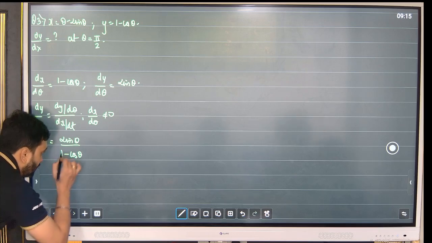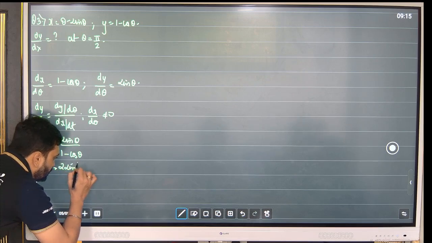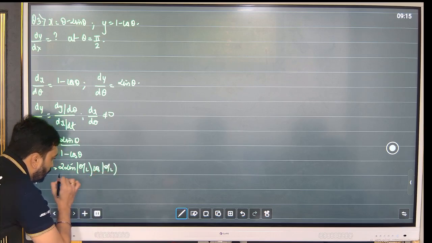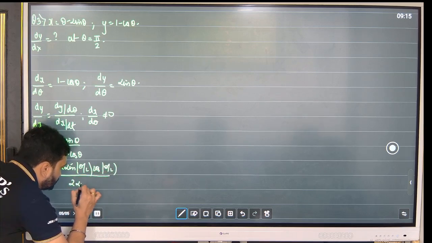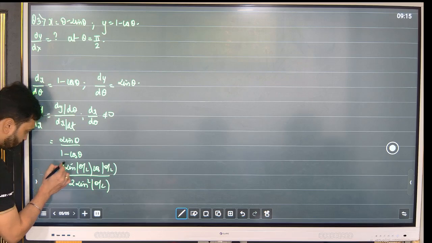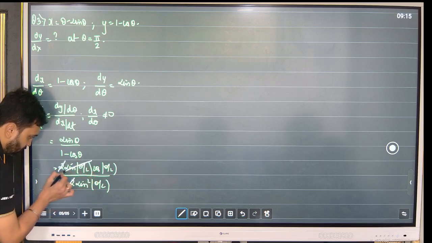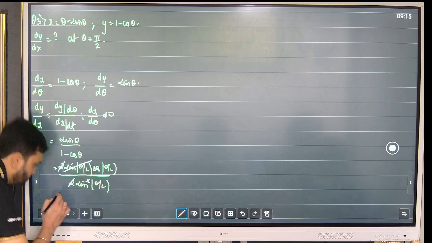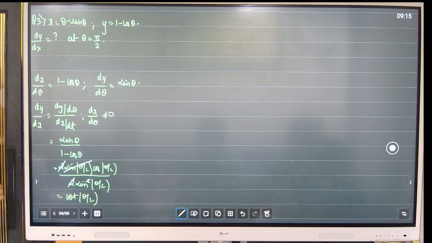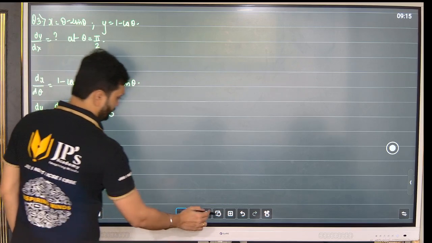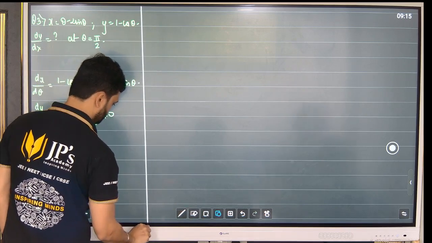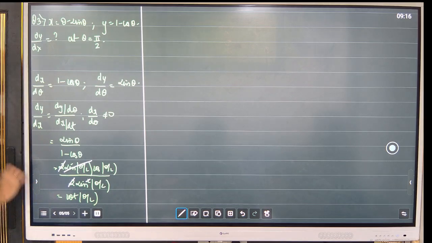The formula for sin theta is 2 sin theta by 2 cos theta by 2, upon 2 sin square theta by 2. This 2 gets cancelled, and the sin terms get cancelled. I am left with cot theta by 2. कुछ सब्स्टिट्यूट नहीं करना है, cot theta by 2 आ गया.